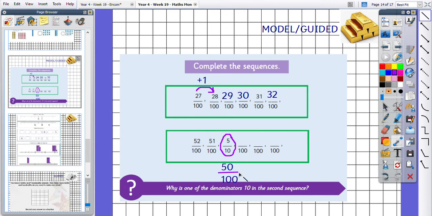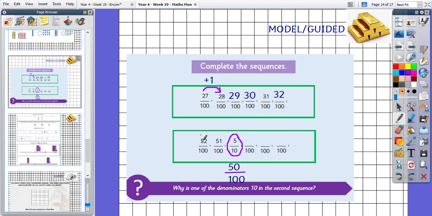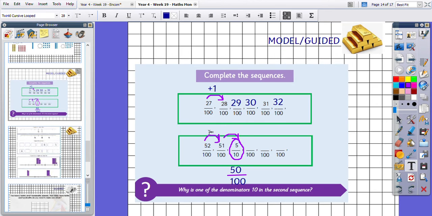So now we've done that, we can clearly see that each time we are moving 1, but we aren't adding 1 this time, we are descending, we are taking away 1/100th from our fraction. So we've got 50/100ths, so we know we'd continue down 49, 48 and 47.